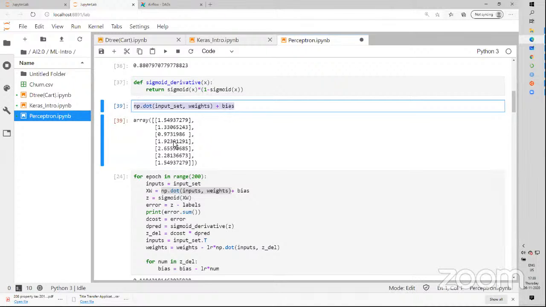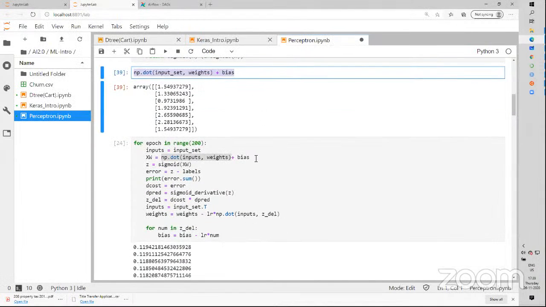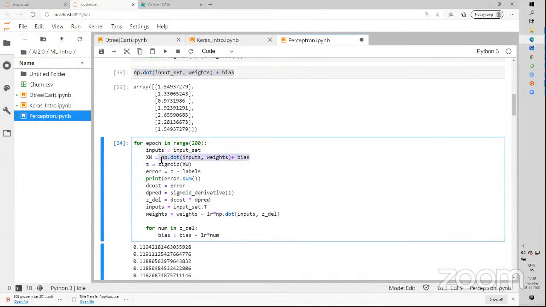So this is the matrix, which I am calling OL. To compute OL, I am going to use this equation. We are calling this XW, but that's okay. You can give any name.